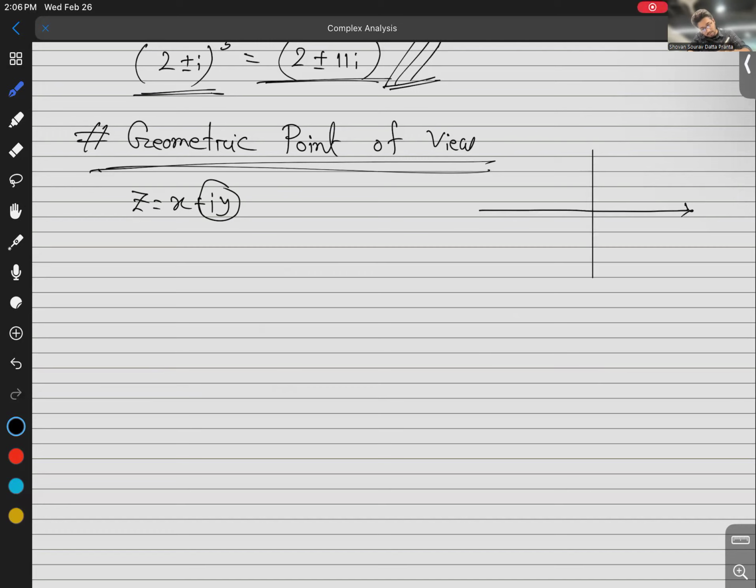So this identity will be something like, let's say z, this is our point, z equal to x plus iy, and this is our y and this is our x.